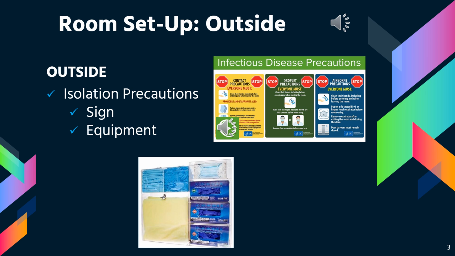You'll want to make sure that you have a sign clearly displayed outside the room with an isolation cart that is stocked with all of the personal protective equipment that is needed. You want to have this very clearly defined, that way anyone coming into the room, say dietary or child life, can clearly see what equipment is needed in order to protect themselves and the other children in the hospital.